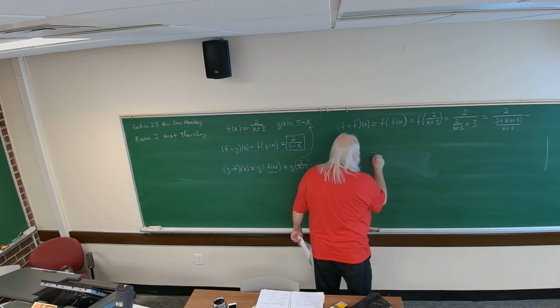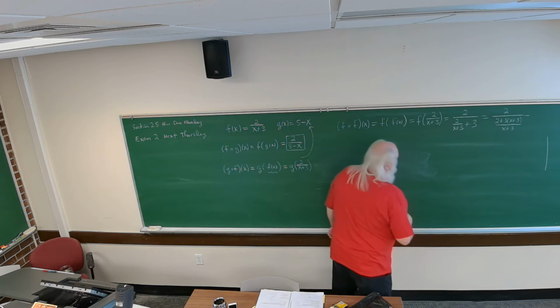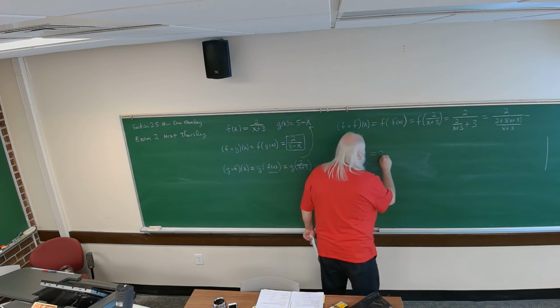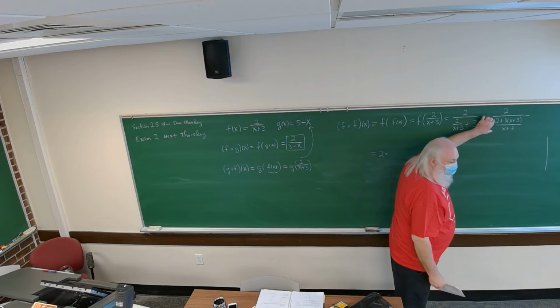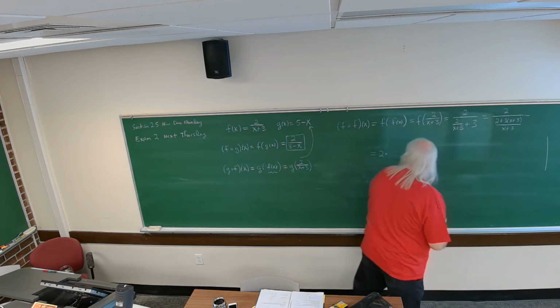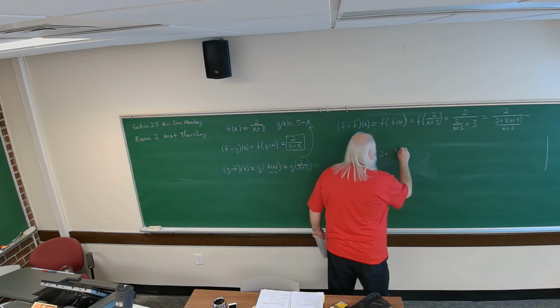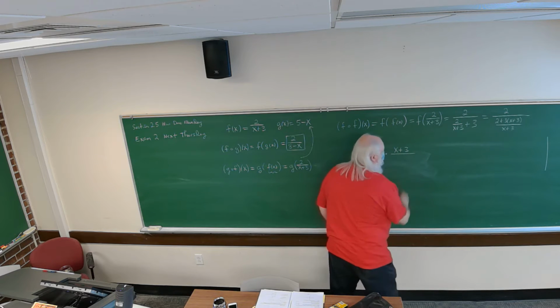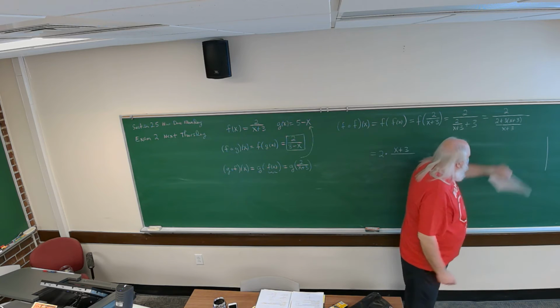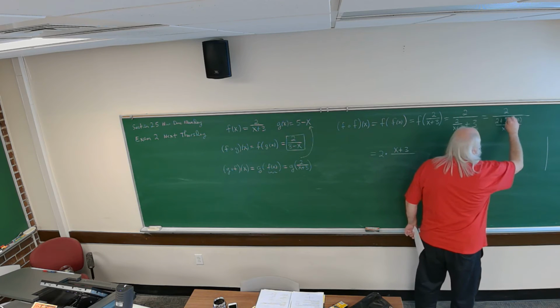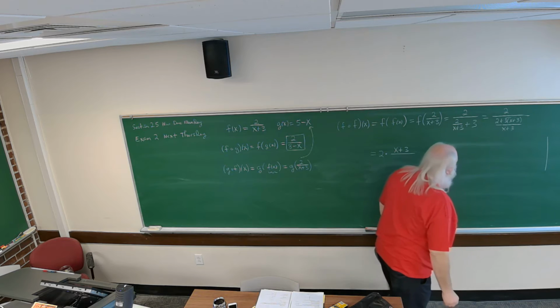But with time, with practice, you get really good at this. So we have 2 times the reciprocal of this fraction, which is x plus 3 over 2 plus 3 times x plus 3. When you distribute the 3 inside the parentheses, you have 3x plus 9.